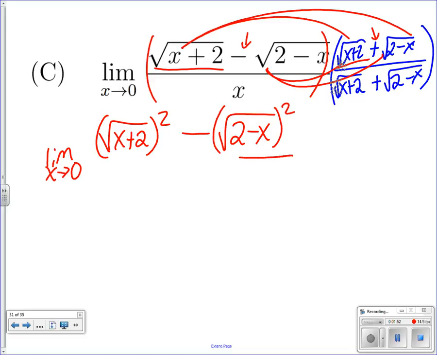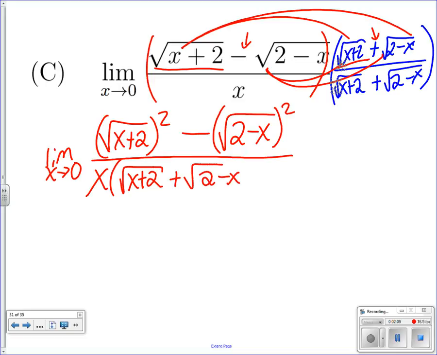And this is all over, as always, I don't usually multiply those bottoms, so I just leave those alone. So we have x times the square root of x plus 2 plus the square root of 2 minus x. Now on the top, we have the limit as x is approaching 0 still.